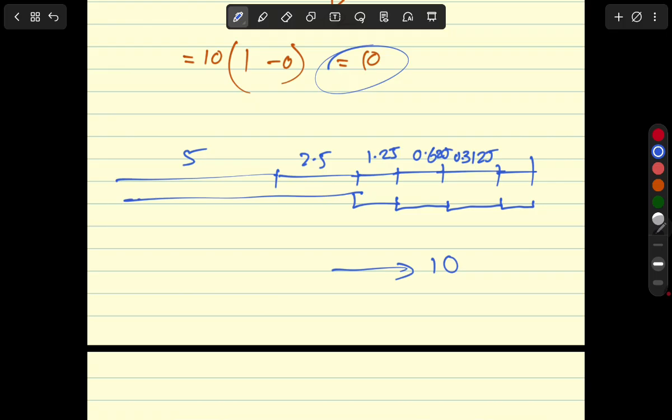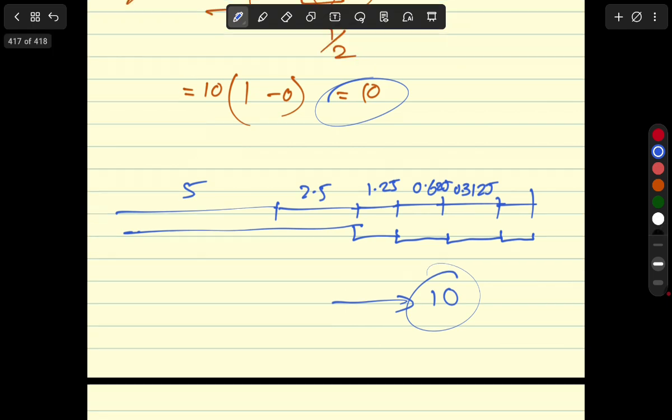So infinite is a quantity which we can never express, right? But if you were able to reach this 10, you would say that it was multiplied by itself an infinite number of times, right?